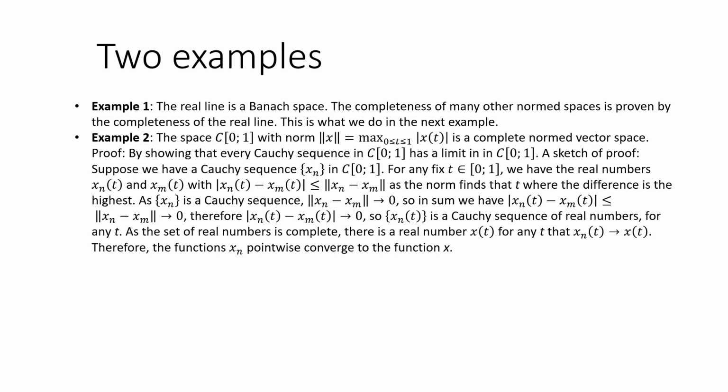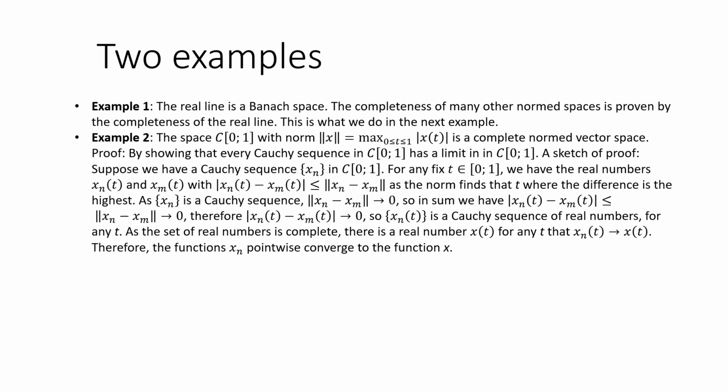For any fixed t, we have the real numbers x_n(t) and x_m(t), and the absolute value of their difference cannot be higher than the norm of the difference, because the norm finds the maximum difference. The norm finds that t where the difference of the functions is the highest. The sequence is a Cauchy sequence, so the norm of the difference approaches 0.